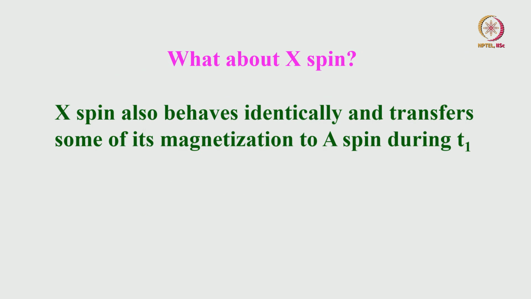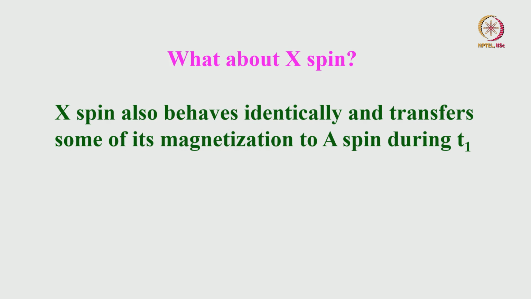Please remember, I was telling you, interactions in NMR are always mutual. If A is interacting with X and giving its magnetization to X, the same thing happens: X also gives to A. That means X spin behaves identically. It evolves at its own frequency in the T1 dimension and also at its own frequency in the T2 dimension.